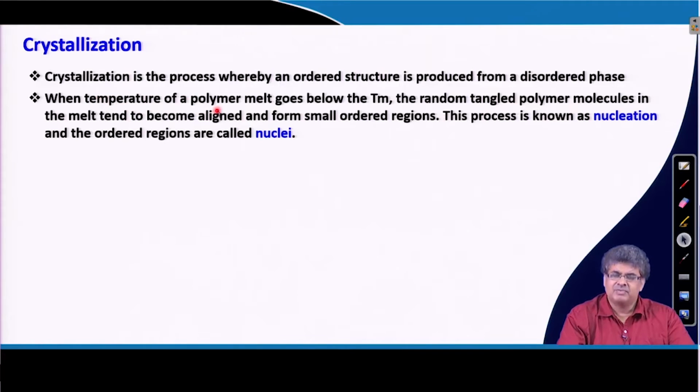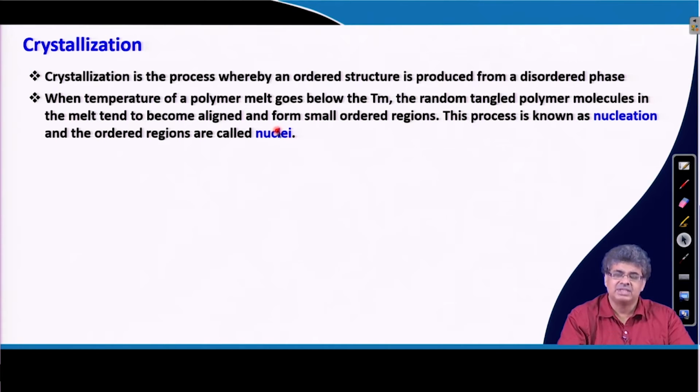So, when the temperature of the polymer melt goes below the Tm, the random tangled polymer molecules in the melt tend to become aligned and form small ordered regions, and this formation of small ordered regions is a process called nucleation, and the ordered regions are called nuclei.